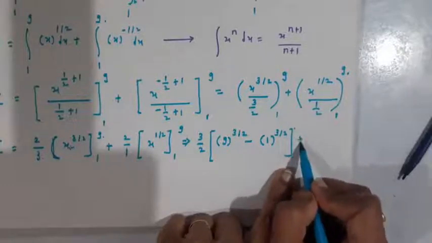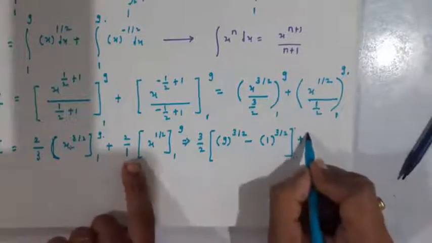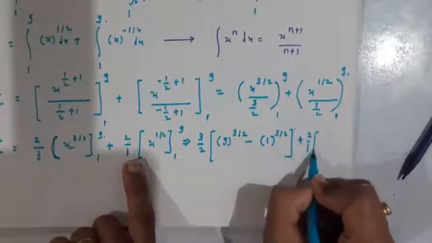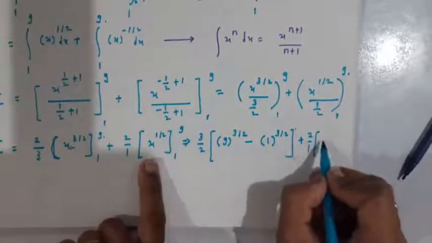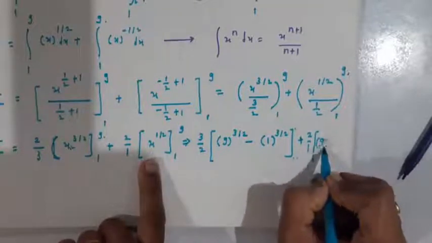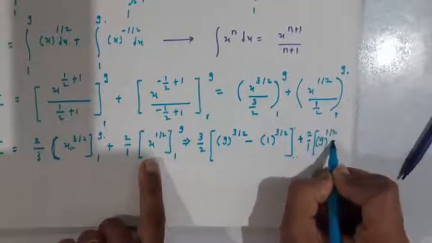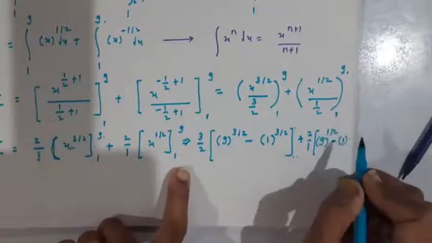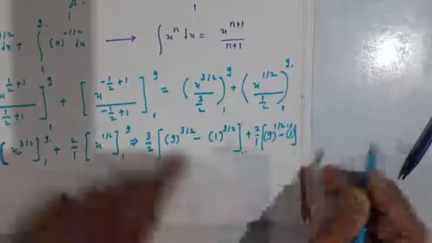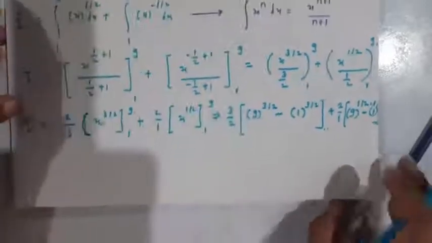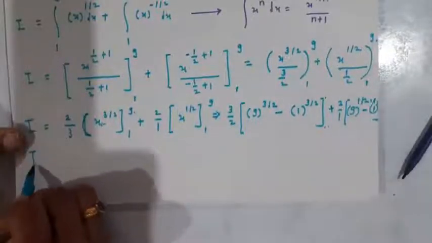Now plus 2 by 1 as it is. X raised to half means 9 raised to half minus 1 raised to half. In this way, write down the upper limit and lower limit.